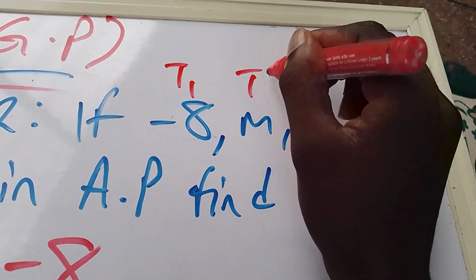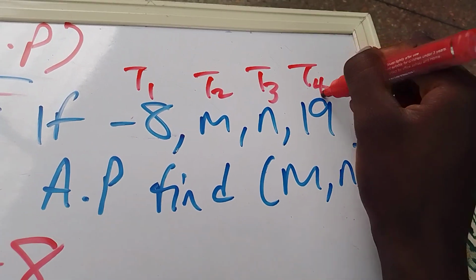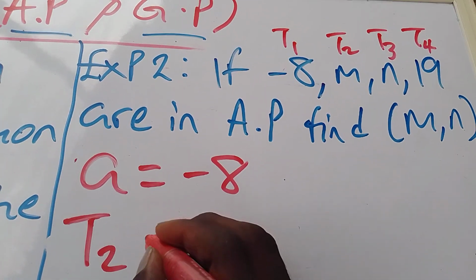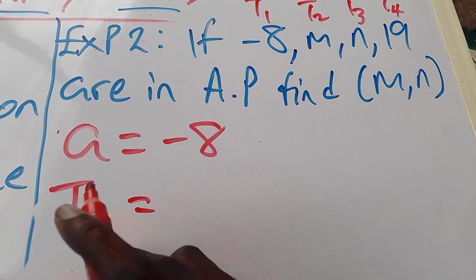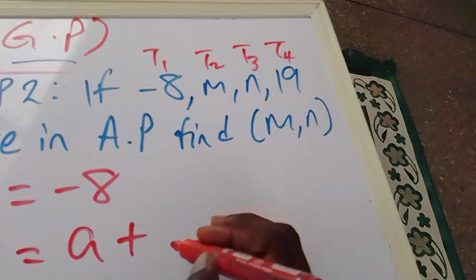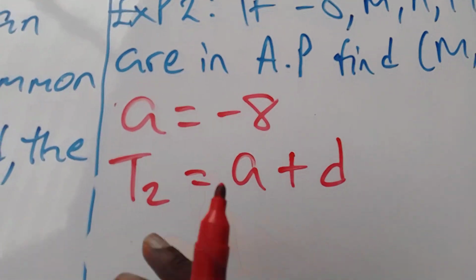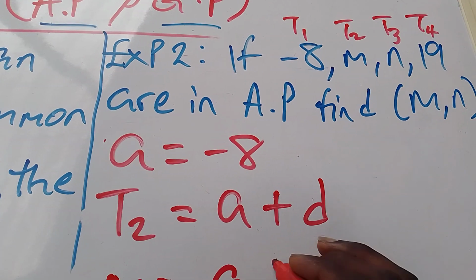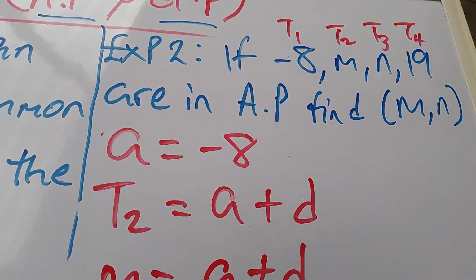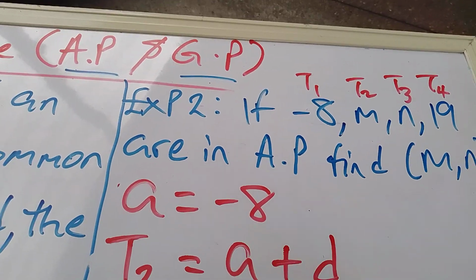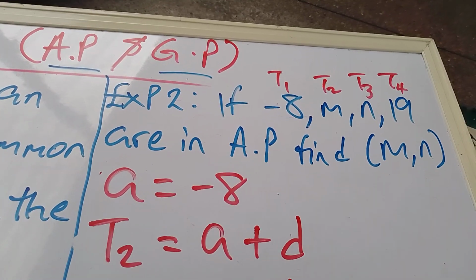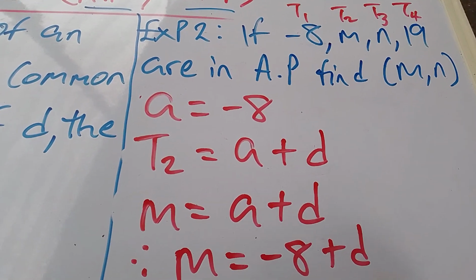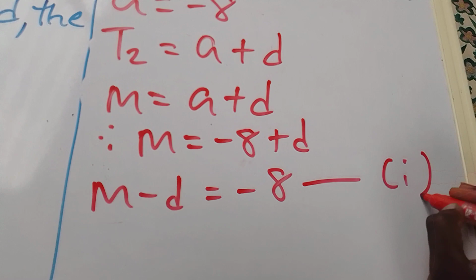I can say my T2, which is m, is equal to the formula I gave you just now: T2 is equal to A plus D. So m is equal to A plus D, therefore m equals minus 8 plus D. So correctly, I can say that m minus D equals minus 8. Call that equation 1.